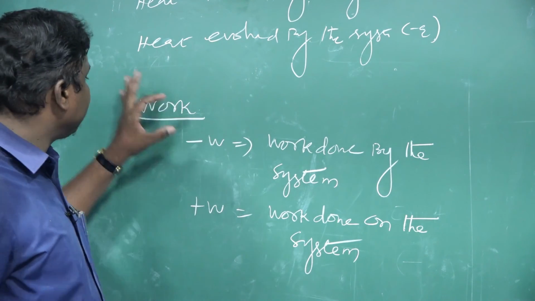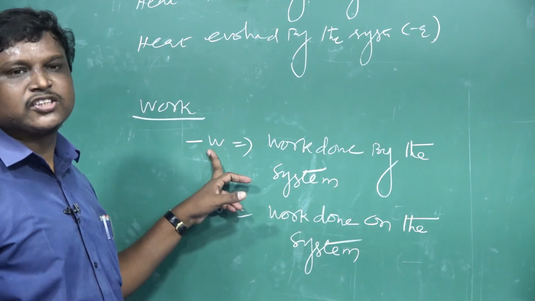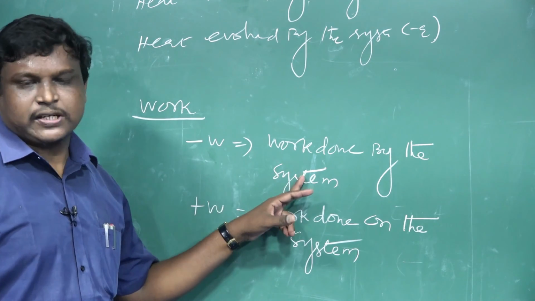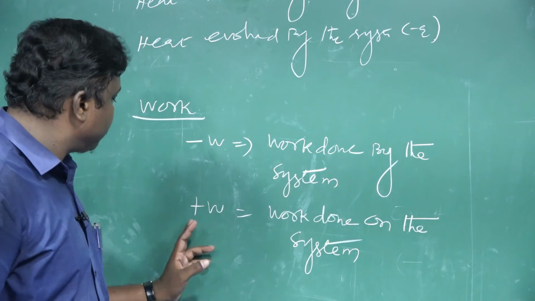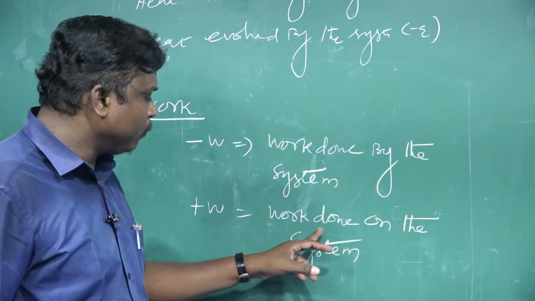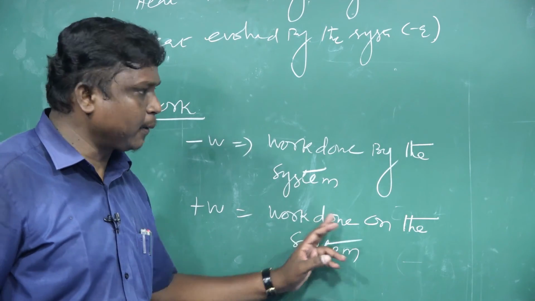So, sign convention of work: negative work means work done by the system, that is expansion. Gas expansion is negative work. Work becomes positive when work is done on the system, that is compression.